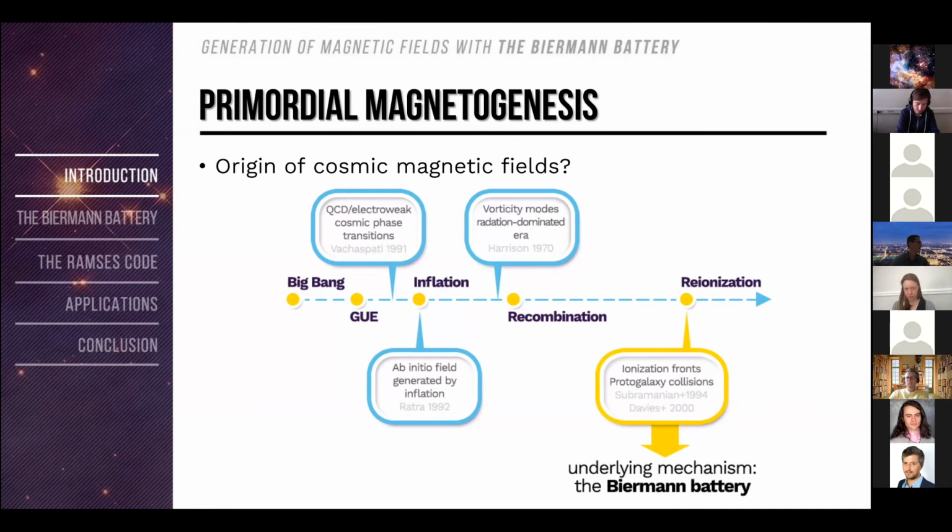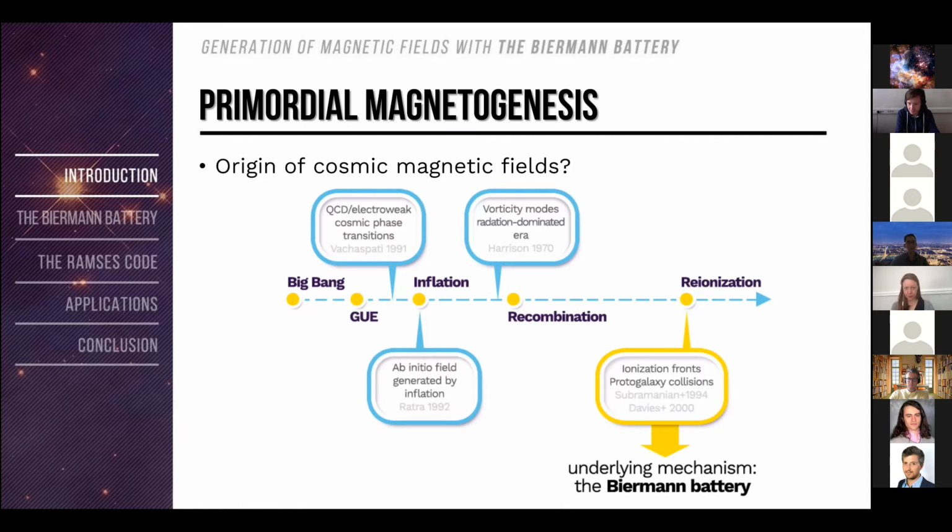Different scenarios have been proposed to account for this primordial magnetogenesis. The first ones rely on a primordial magnetic field that would have existed from the beginning, created during QCD or electroweak first order cosmic phase transitions, or inflation, or similar.